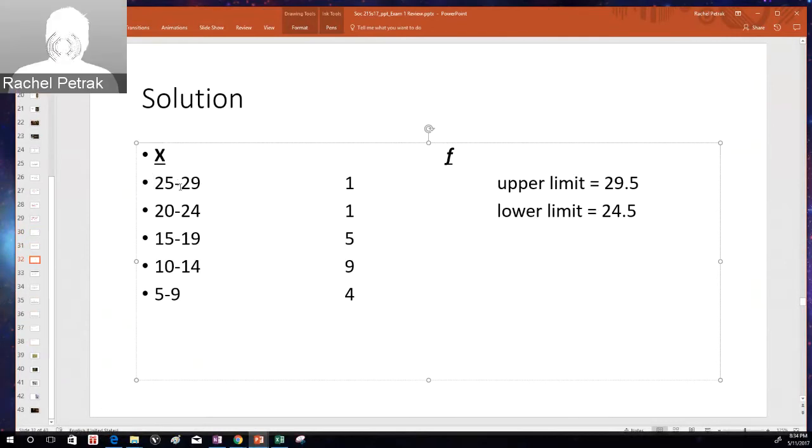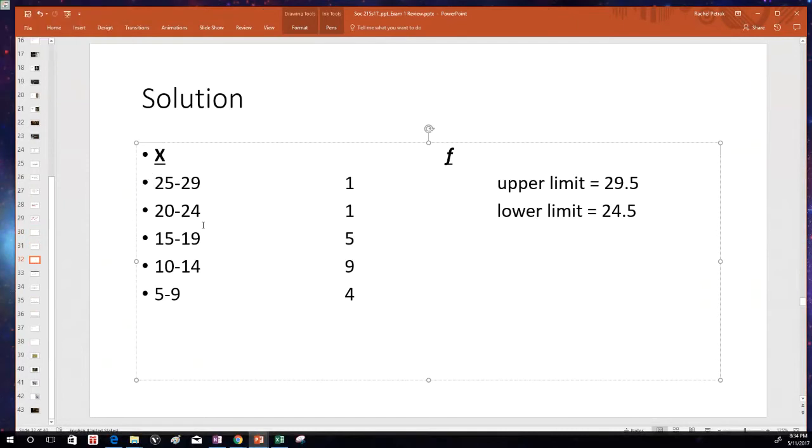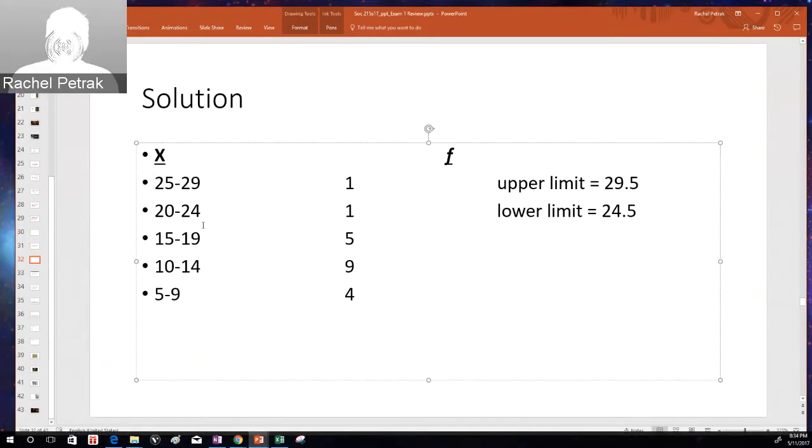And what's the midpoint of this interval? 27.5, exactly. You still get the midpoint by getting an average of the upper limit and the lower limit.